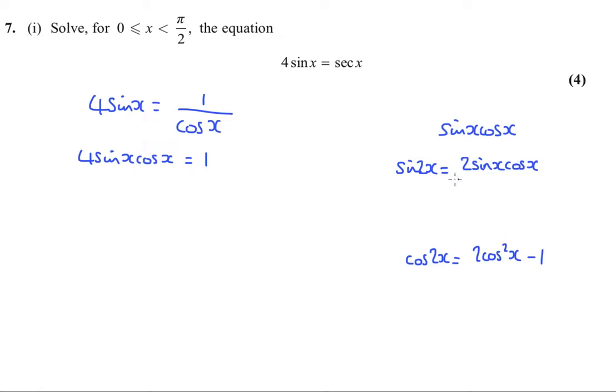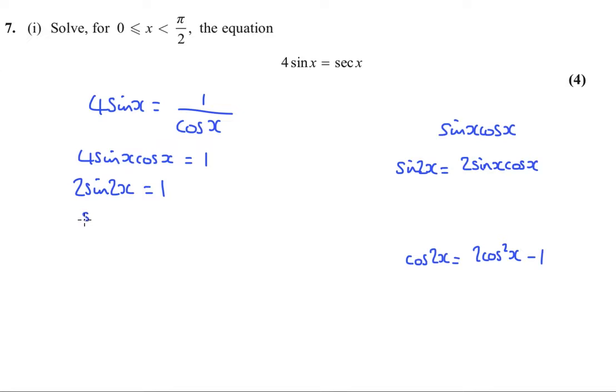We've not got 2 sine x cos x, we've got 4 sine x cos x, so that is the same as 2 sine 2x. This we can now solve because we've just got a trig equation with one trig function in. A sine x, cos x, or a tan x we can deal with.